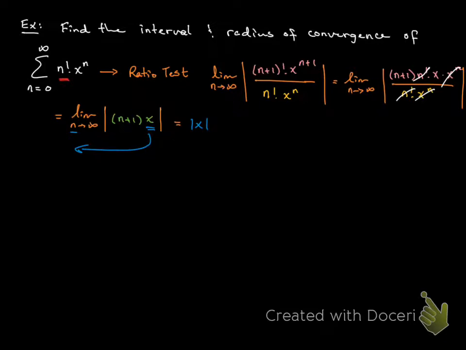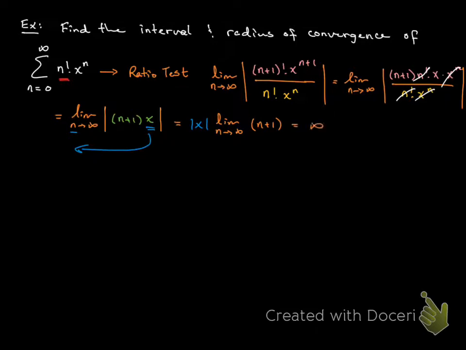It's still absolute value of those x's. X has a potential to be negative, so I need to keep those absolute values there. But the absolute value around n plus 1, I can get rid of because n's are positive, so n plus 1's are also positive. Okay, so I have the limit then, as n goes to infinity, of n plus 1 times the absolute value of x.